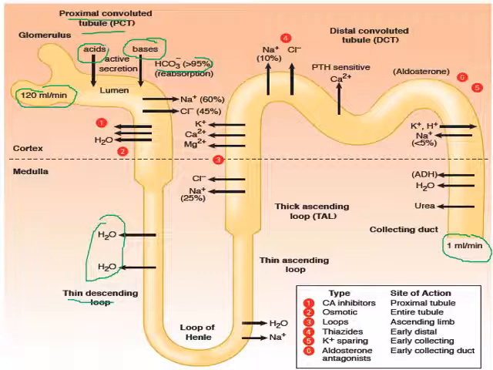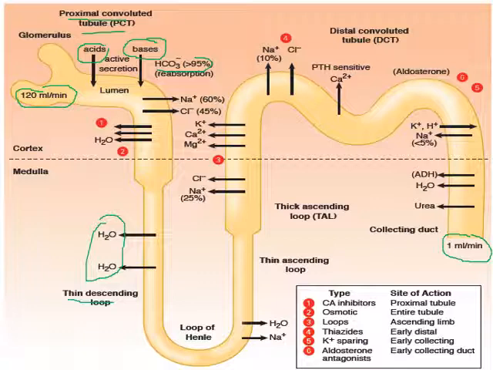As we move further, we cross the thick ascending loop of Henle. Again, this is important: the thick ascending loop of Henle is impermeable to water. Water will not get reabsorbed from this part. So the content of the thick ascending loop will become more hypotonic.